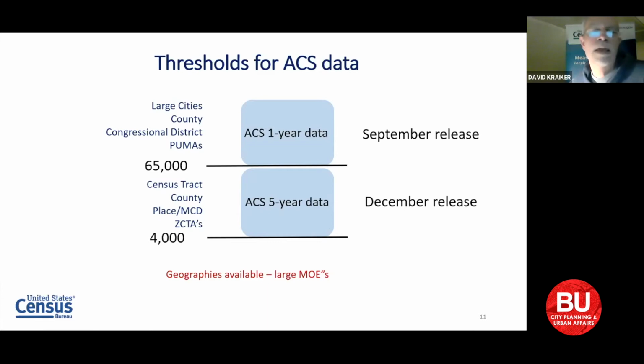And so if we do not have enough people answering a question on the form under a population of about 4,000 people, you may find that there's no data for certain questions. So that's something to keep in mind. It's just sort of the nature of the beast, we'll say.